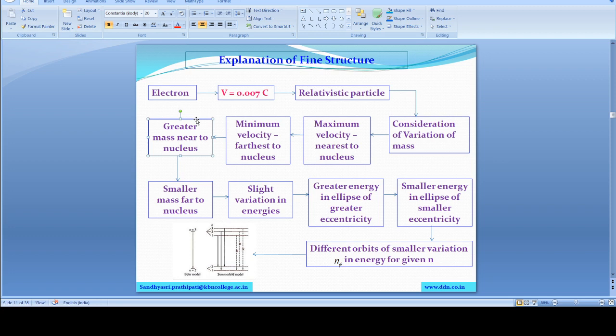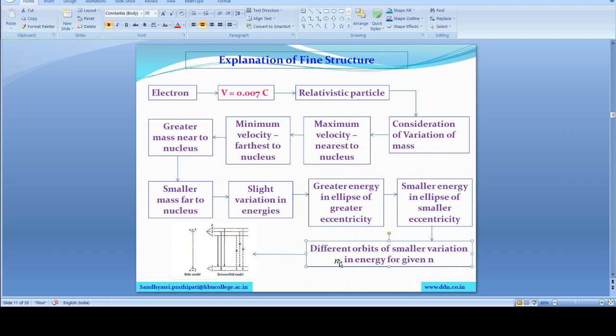Greater mass near the nucleus, smaller mass far from the nucleus. So there is a slight variation in energies. Greater energy at greater eccentricity ellipse, smaller energy exists at smaller eccentricity ellipse.